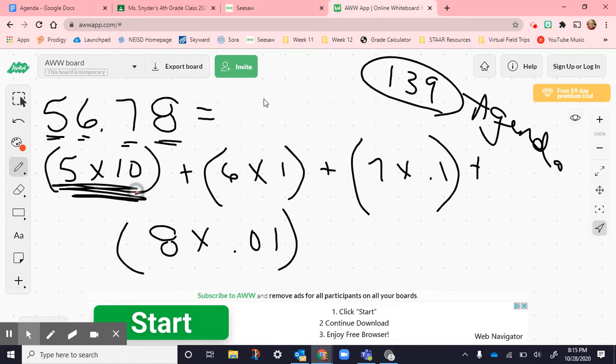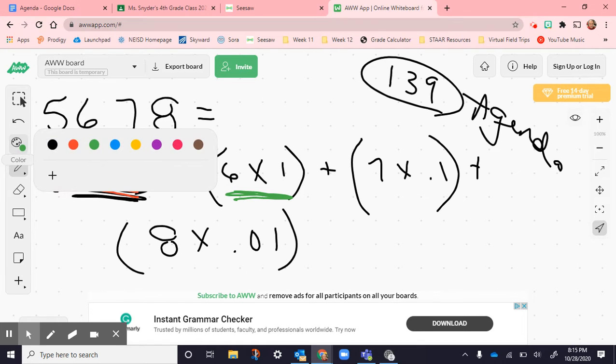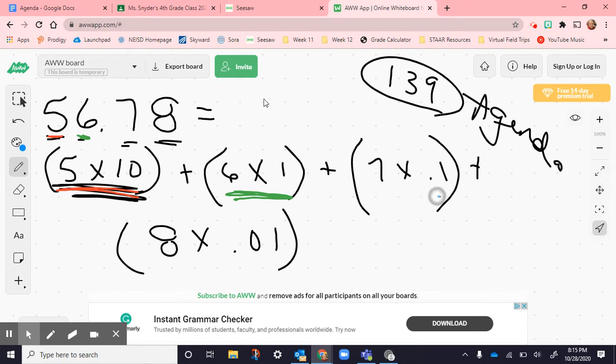So if I wrote 5 times 10, I'm going to glance back up here and make sure that 5 is in the tens place. And 5 times 10, I'm checking, that equals 50. Then I'm going to look at my next one, 6 times 1. The 6 is in the ones place. 6 times 1 is 6. That's the value of my 6. Then I'm going to look at 7 times that 1/10.